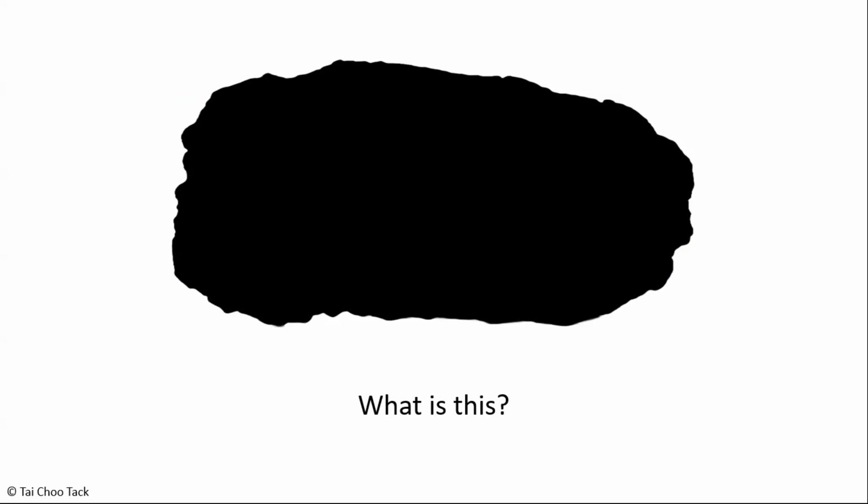Yes, what is this? Some say it's a black hole, a black cloud. Some are so hungry in the early morning, they may see something like food, like a fried noodle. Last time there was a person who said it's a fried noodle.